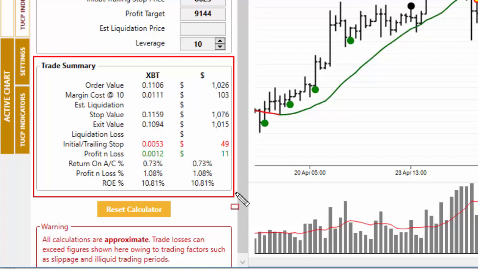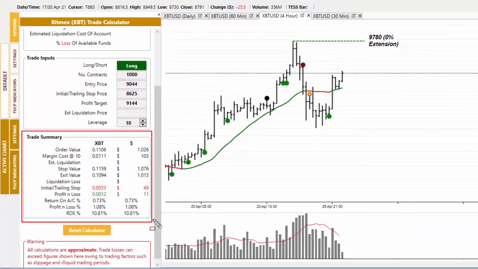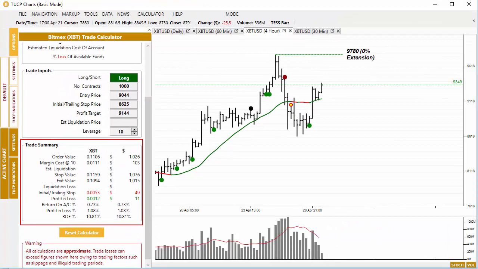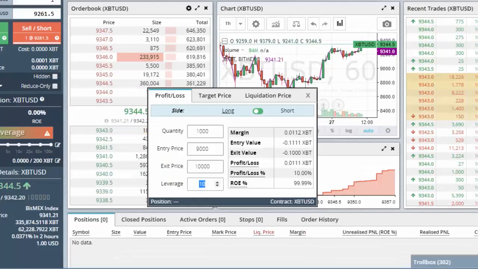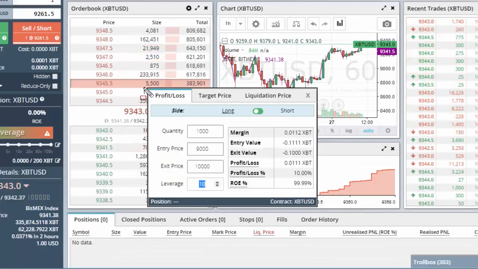So again, these figures are not definitive by any means, but it's a lot easier to see where you stand and what you stand to make or lose by having this calculator, as opposed to just having the one in the Bitmex calculator here, which is slightly difficult to get your head around initially. So just to make things a lot easier, and that's what the technology is designed for, isn't it, at the end of the day?